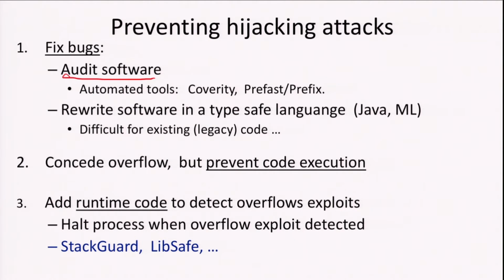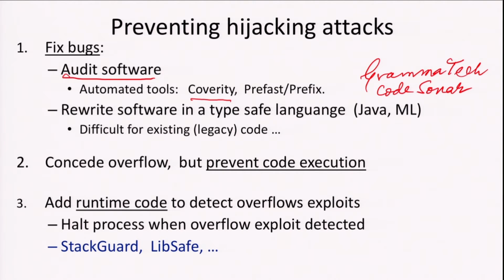The other is to use automated tools, for example Coverity. There are also tools like Grammatech, Code Scanner, or CodeSonar. So these are the tools that can be used to find these vulnerabilities.